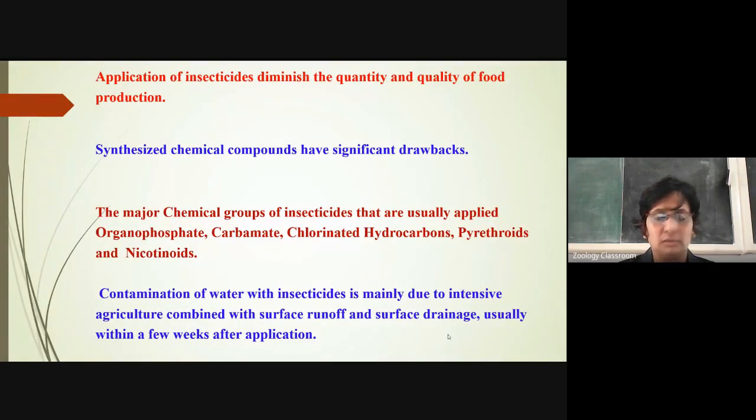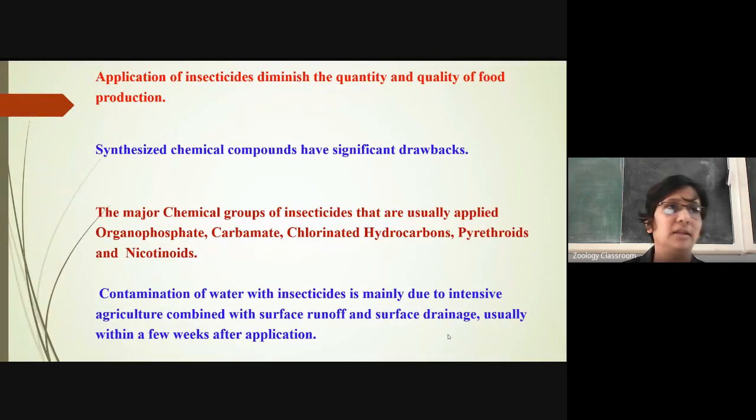So these adverse effects are seen, or these organs are affected, because of the exposure to insecticides, and hence pollutants such as insecticides may significantly damage certain physiological as well as biochemical processes, and that causes impairment of the health status of the fishes.